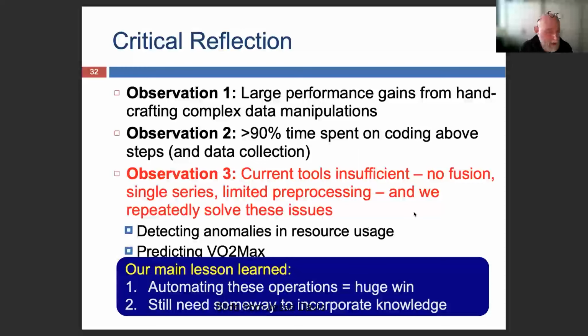The typical story is that data pre-processing takes 80% of the time in the machine learning process, or in the data science process, and that many of the current tools are insufficient because they have limited abilities to deal with this low-level data.